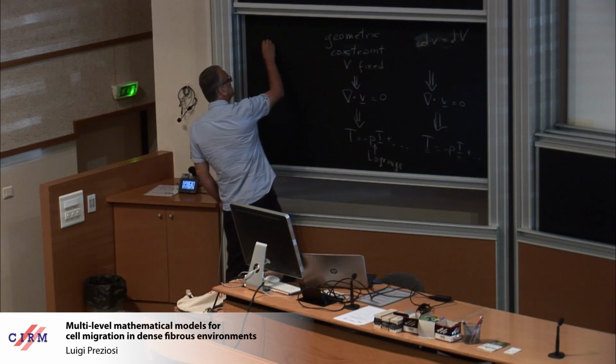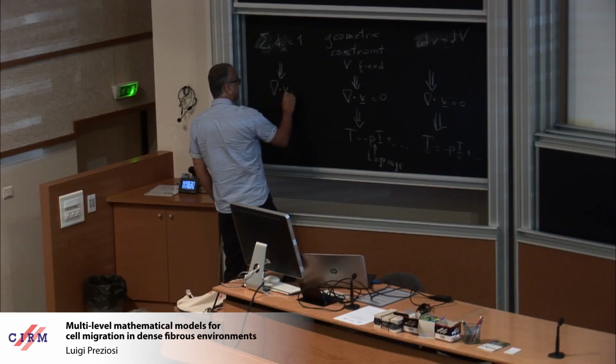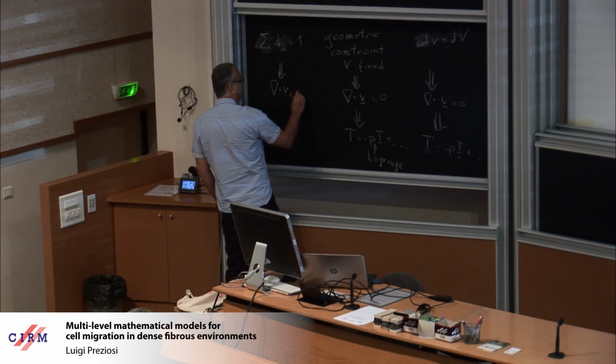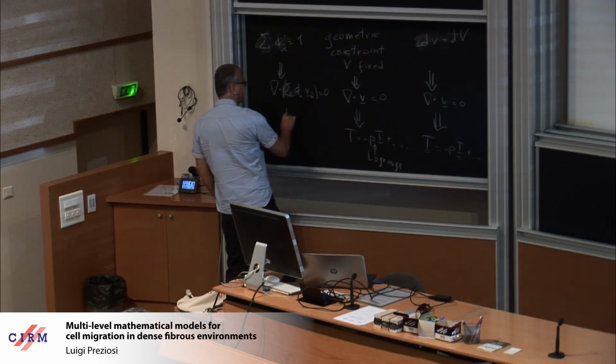And the same thing happens here. Here the constraint is this one: sum of phi alpha equals 1. Then there is something like divergence of what is called the composite velocity, and this tells you that there is a constraint in the stresses.